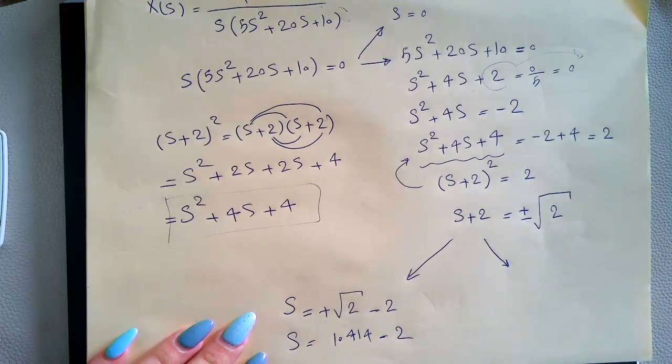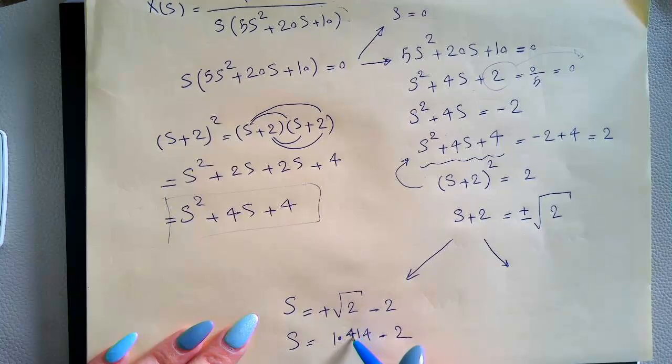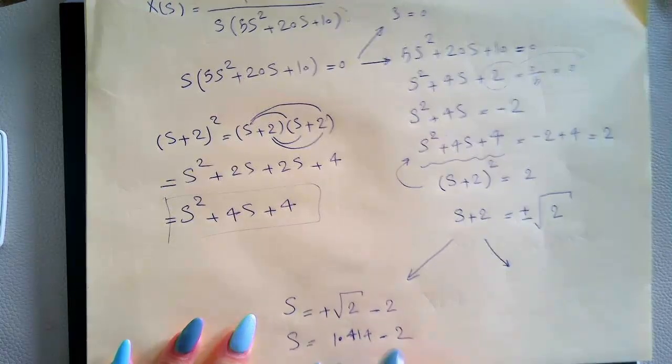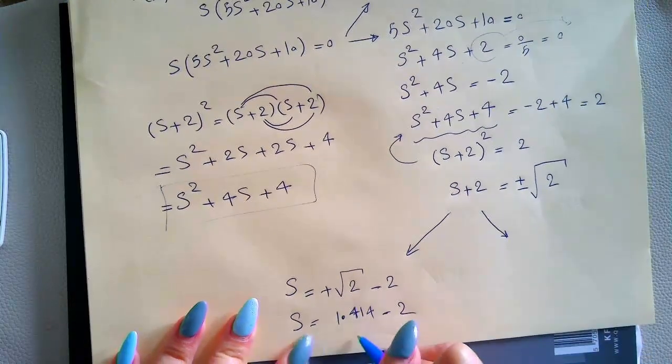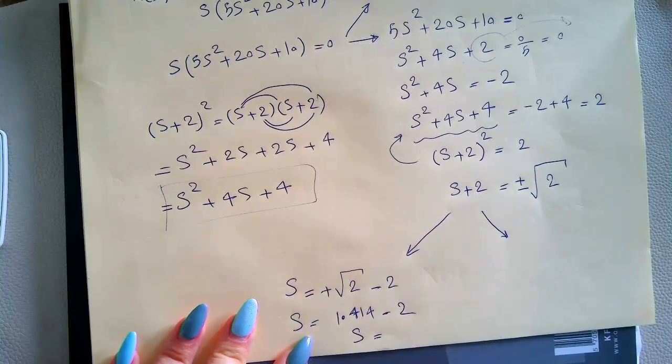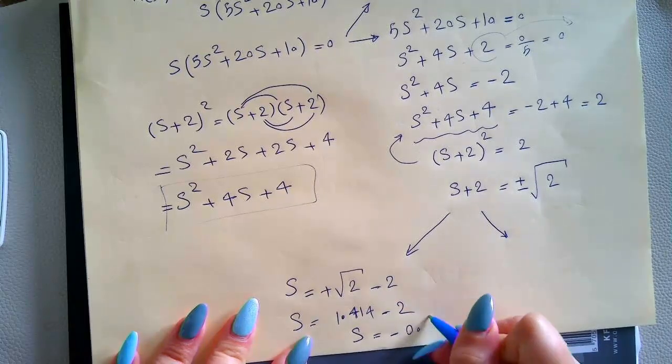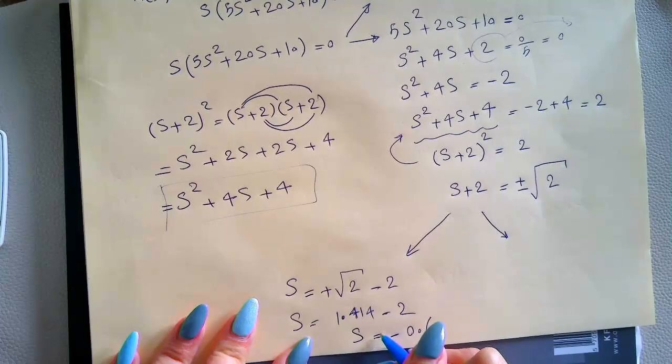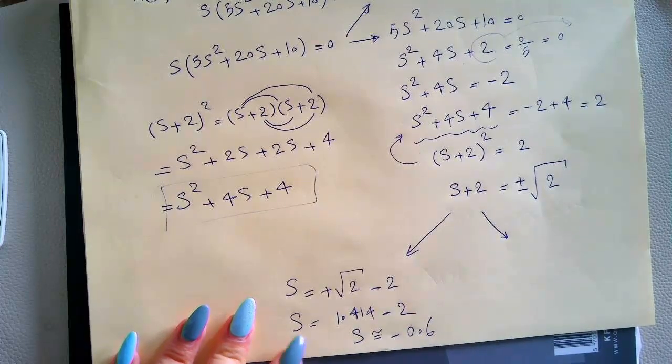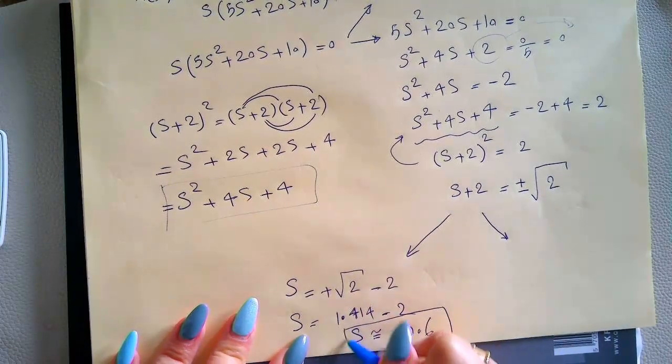If I take only one digit after the decimal point, that s is, because 2 is bigger, minus 0.6 approximately. That's one option.